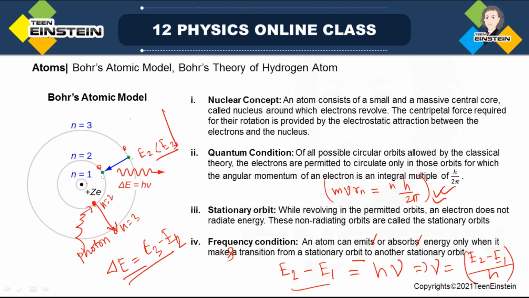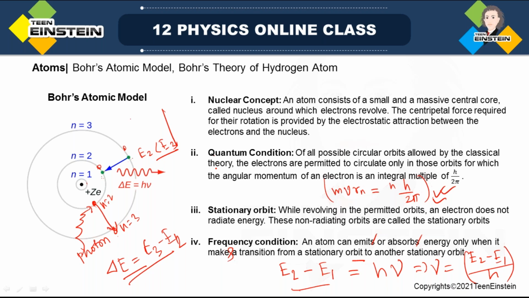We have already learned the postulates of Bohr's atomic model, and these postulates are very important. Bohr's quantum condition is the only condition which explains the stability of the orbit and the discrete nature of the atomic spectrum.